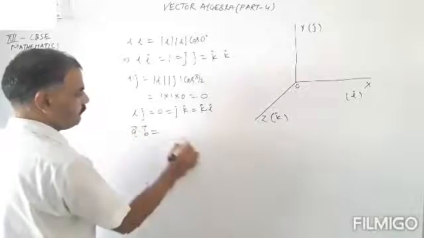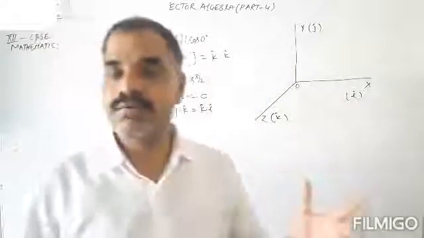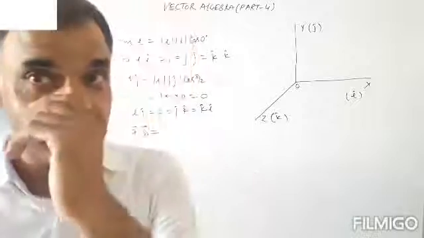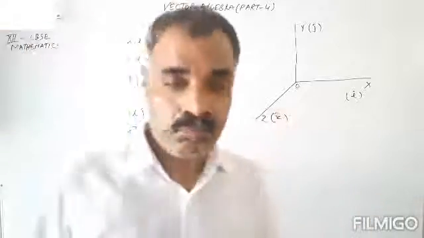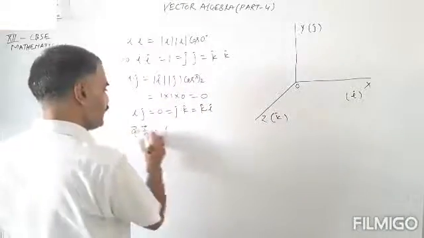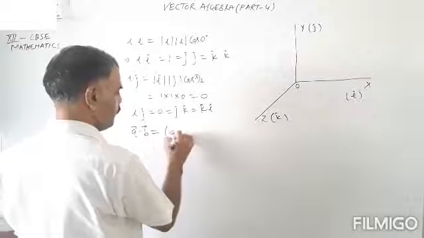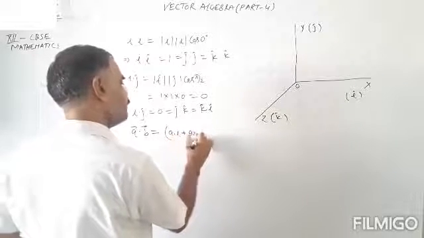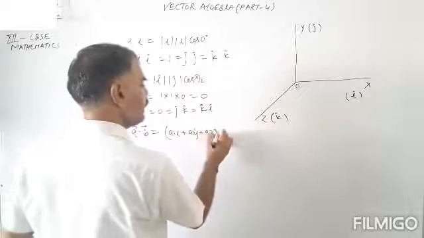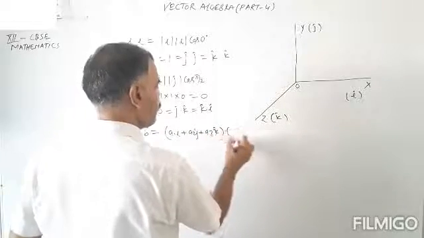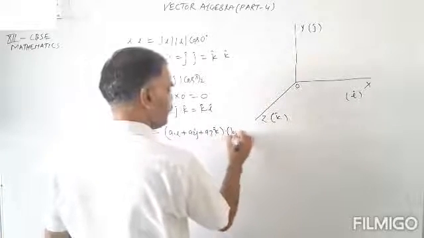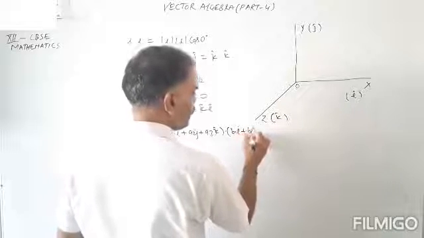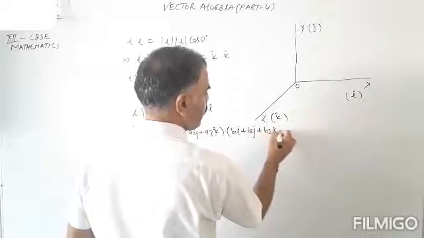Write the a vector in component form: a1 i cap plus a2 j cap plus a3 k cap, and take the dot product with b vector, that is b1 i cap plus b2 j cap plus b3 k cap.